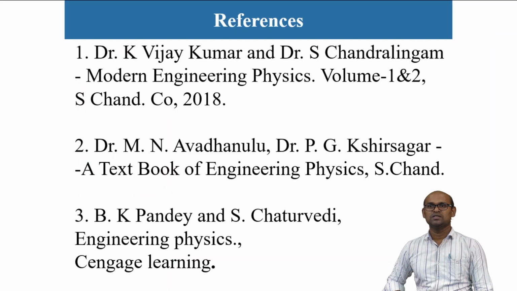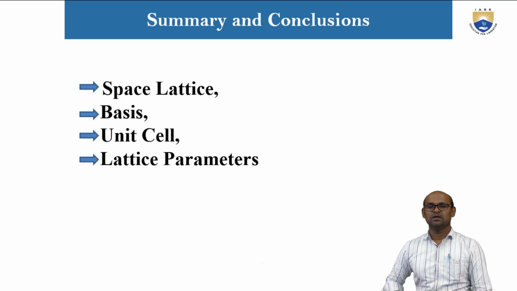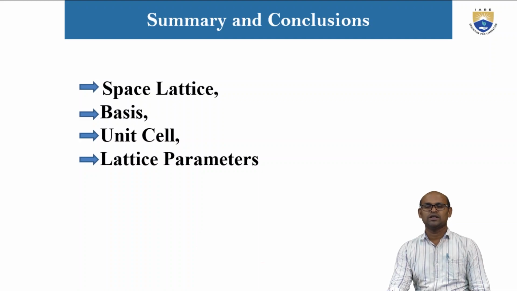Okay. So these are some of the references which I've used in this presentation. To summarize this presentation, I have discussed what is a space lattice and how do we generate this space lattice using translation, and then I have also discussed about basis. Space lattice is nothing but the three-dimensional network of points that are arranged regularly in space.